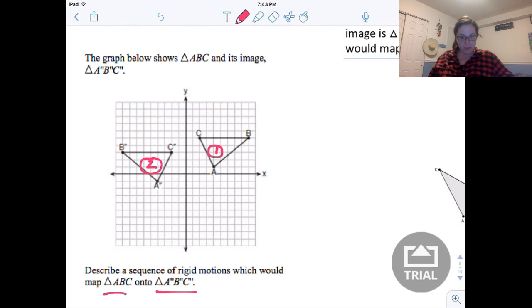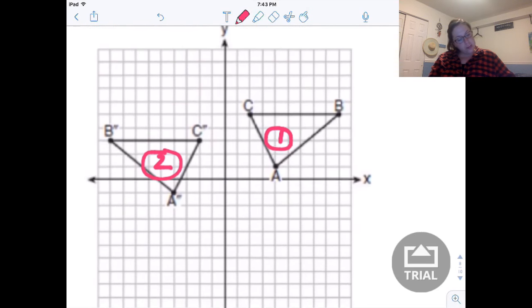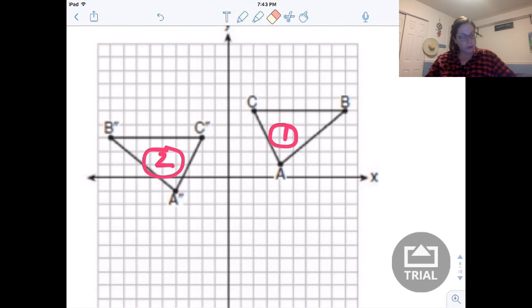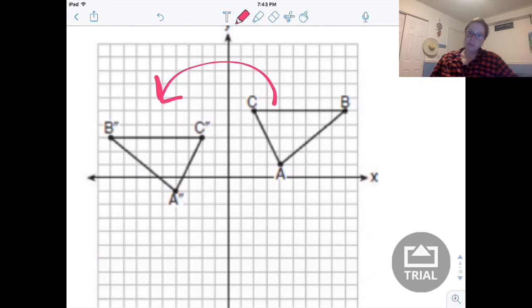So first when I look at this, I'm going to zoom in a little just so we can see. I can tell here clearly that this is going to flip over that line at some point. I don't know whether it happens first or second, but I can tell that it's going to flip. So I know that there's a reflection. So I'm actually going to start by doing that reflection. So C is 2 away from the y-axis, so that's going to map to right there.